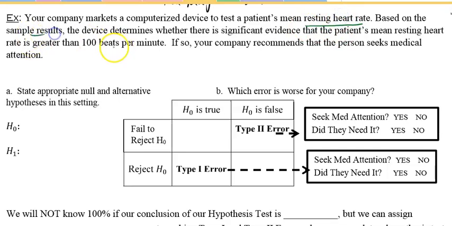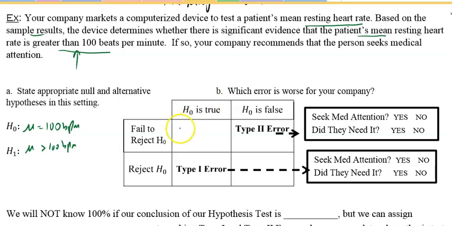Based on the sample result, the device determines whether there is significant evidence that the patient's mean resting heart rate is greater than 100 beats per minute. So, the null is going to say the average is 100 beats per minute. But the alternative says that it is greater than 100 beats per minute. If so, your company recommends that the person seek medical attention.